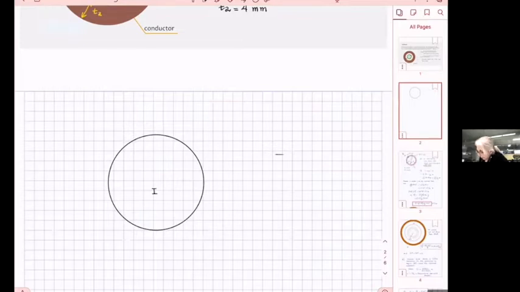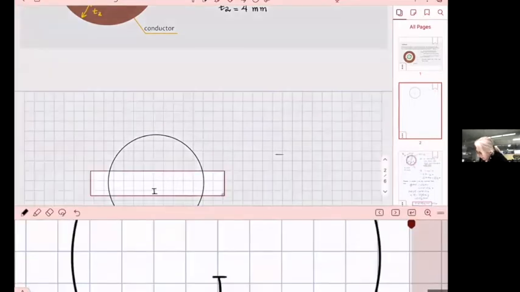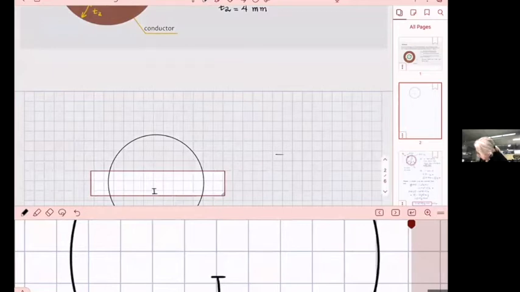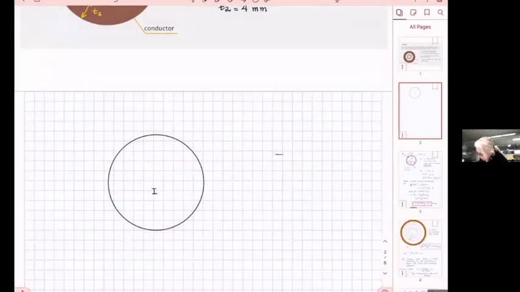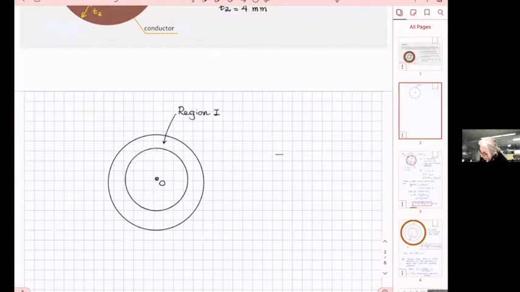For region 1, this is the center, O. Then what I do here is take a cylinder in this region that looks like this.